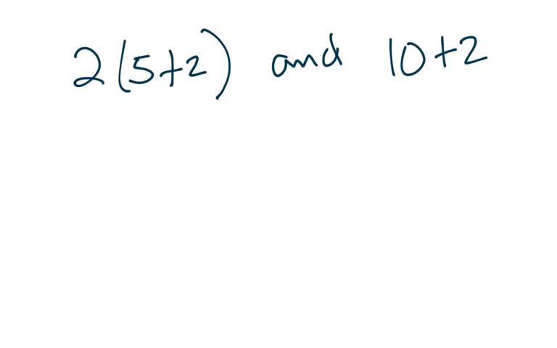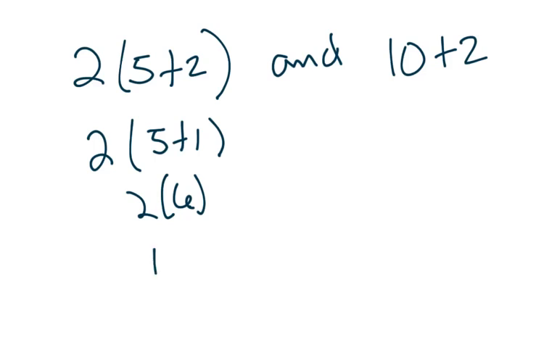And the easiest way to do that is to pick like 1 or 2, okay? I'm going to go with 1. So I'm going to keep my 2, and then I'm going to go 5 plus 1, and I'm going to solve that. So if it's easier for you, here you could say 5 plus 1 is 6, and then 2 times 6 is 12, okay? Over here, I would have 10 plus 1, 10 plus 1 is 11.